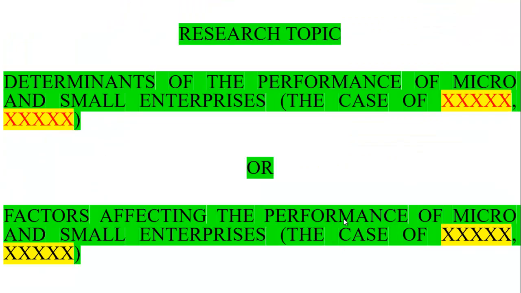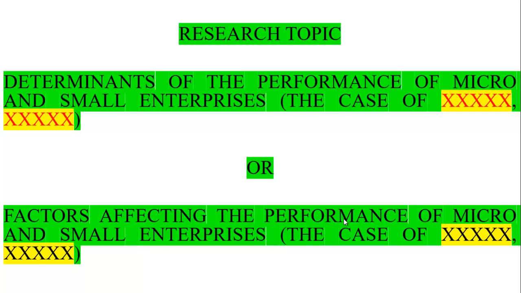Our topic here is determinants of the performance of micro and small enterprises, the case of a given region or city, or it can be expressed in another form, which is factors affecting the performance of micro and small enterprises, the case of a given city or region, and to state the general objective for this study, for this topic.